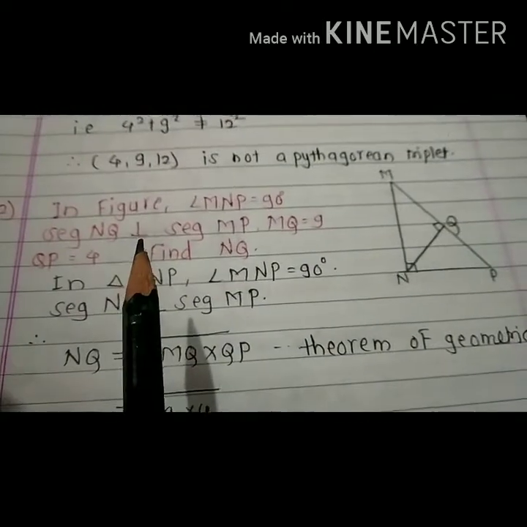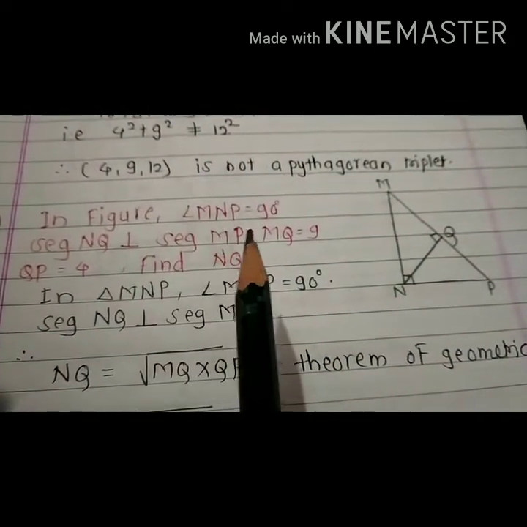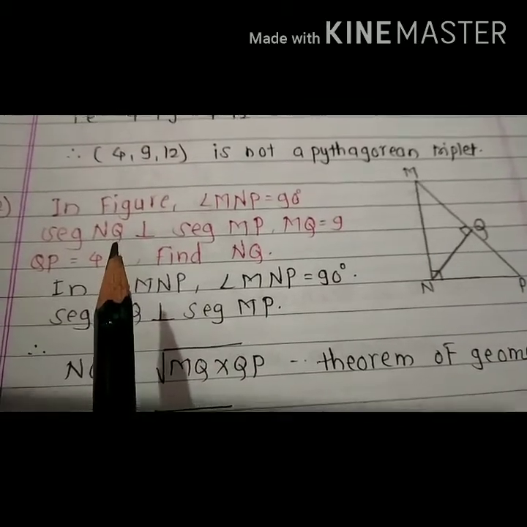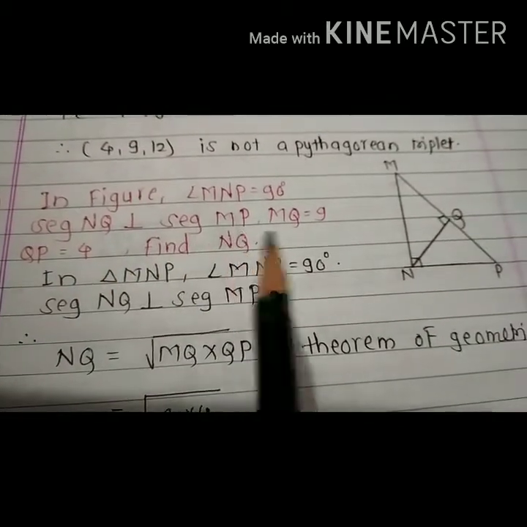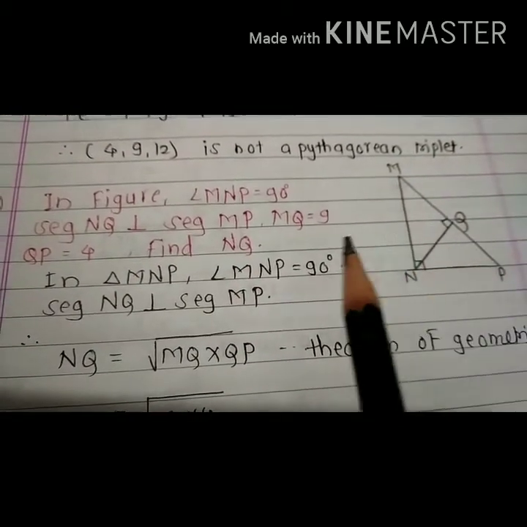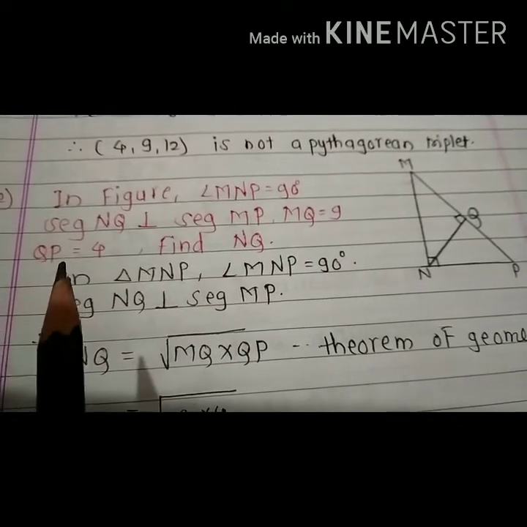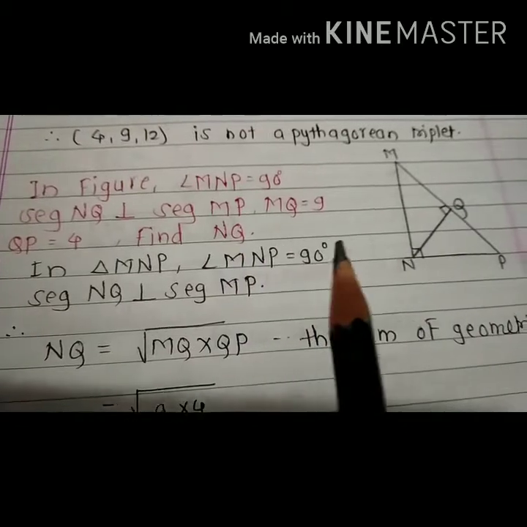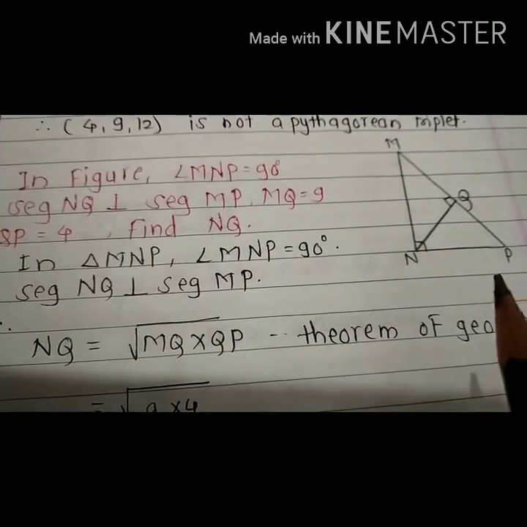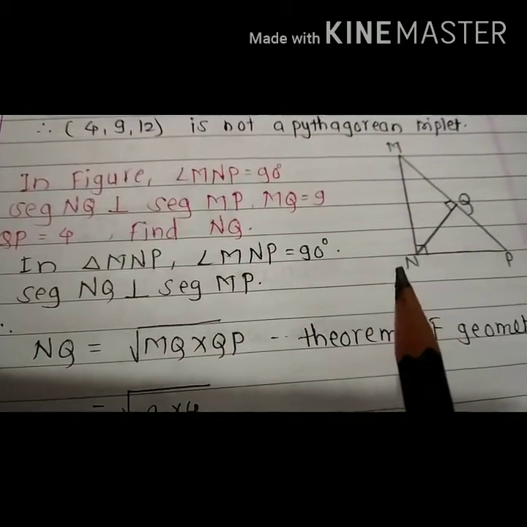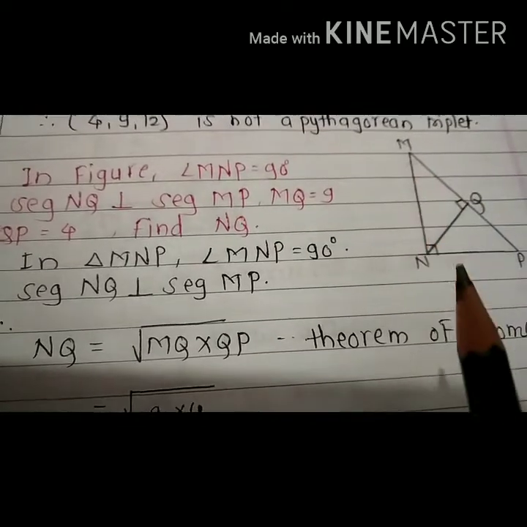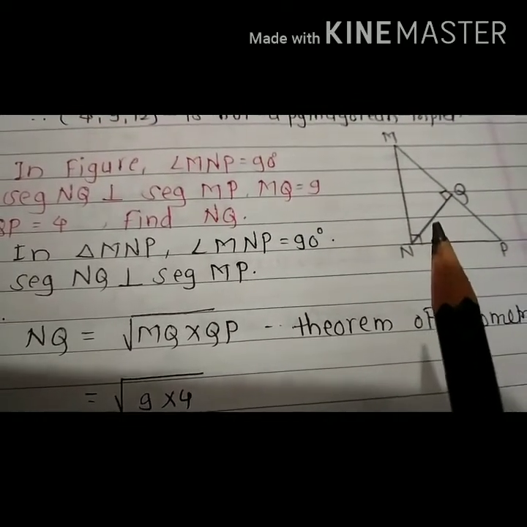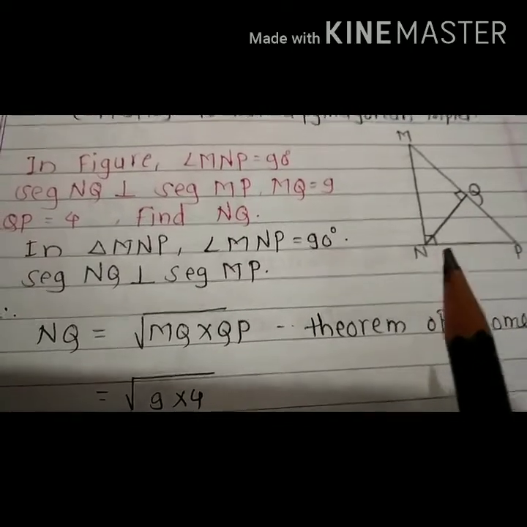Next, in figure, angle MNP is equal to 90 degree, segment NQ perpendicular to segment MP. MQ is equal to 9, QP is equal to 4, find NQ. In right angle triangle MNP, segment NQ is perpendicular to segment MP. Therefore, we can use the theorem of geometric mean.